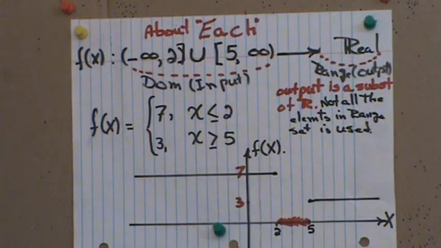So now, in order to make it even more explicit, notice that the interval from 2 to 5 is not in the domain. You notice that the entire number line is cut into 2 pieces, from negative infinity to 2, then from 5 to positive infinity.